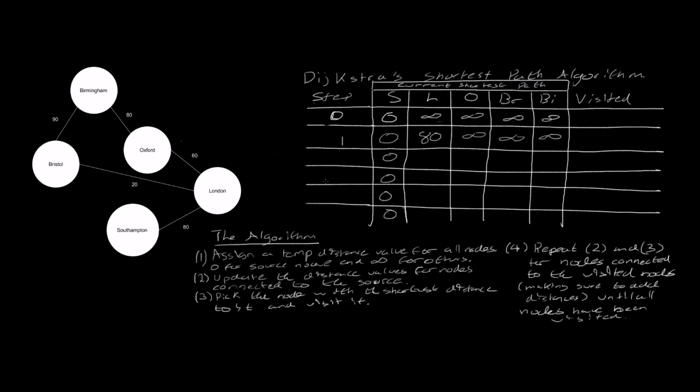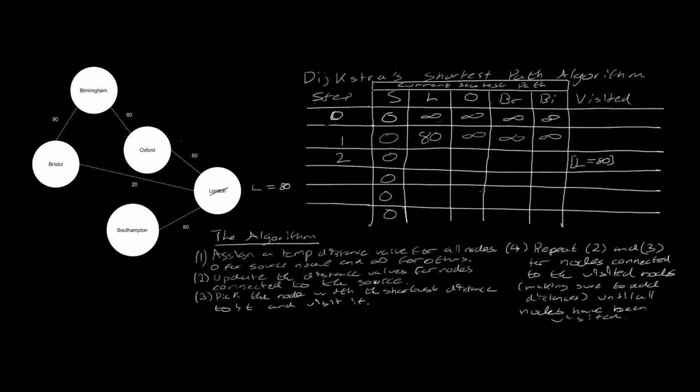Okay, and then I'm going to visit London. I'm going to put that in my visited section there, so I know I've visited it. I could also mark this on the graph, which may be easier. So I can say that London took me 80 to get to. Cross London off there. Then I need to pick the node with the shortest distance to it and visit it.